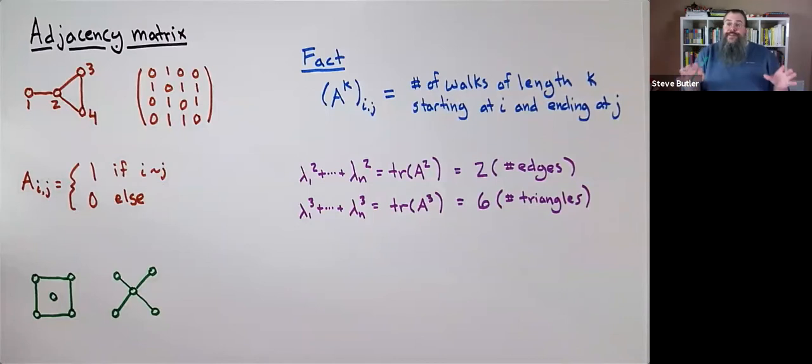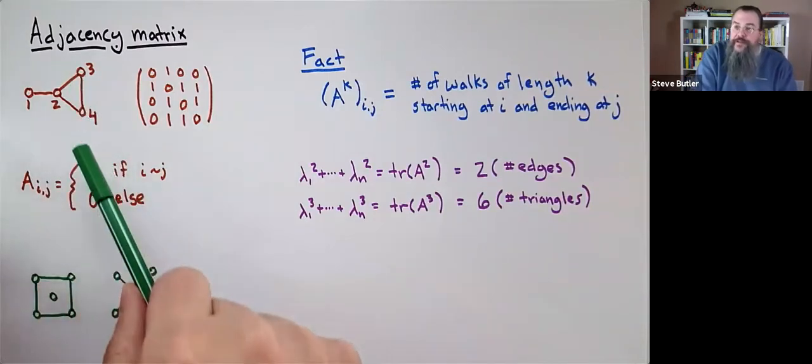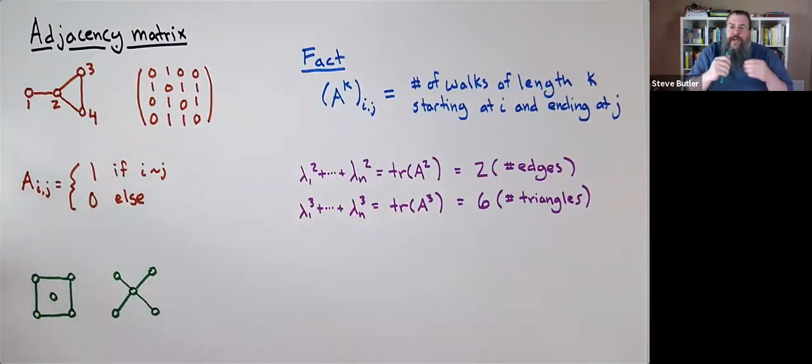Now, I should pause for a second and make a comment that one of the nice things about the spectral part of looking at these matrices is that we kind of lose information about how we labeled things. In other words, it doesn't matter how we label the vertices. Ultimately, the eigenvalues are still the same.